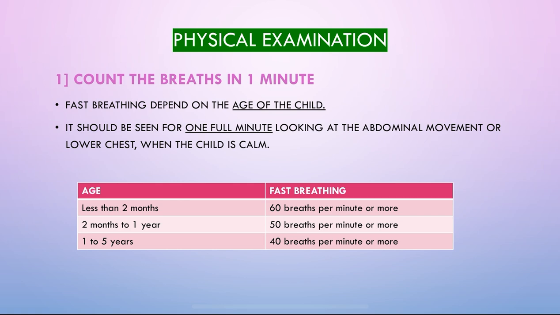So we see that fast breathing is considered if the child has 60 breaths per minute in less than 2 months of age. 50 breaths per minute if the child is 2 months up to 1 year, and 40 breaths per minute or more if the child is aged 12 months up to 5 years. You see, 1 year up to 5 years or 12 months up to 5 years, if it is 40 breaths per minute or more.